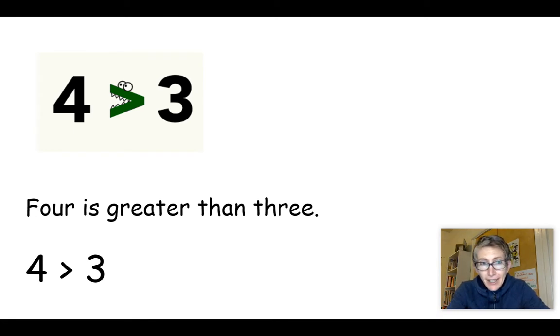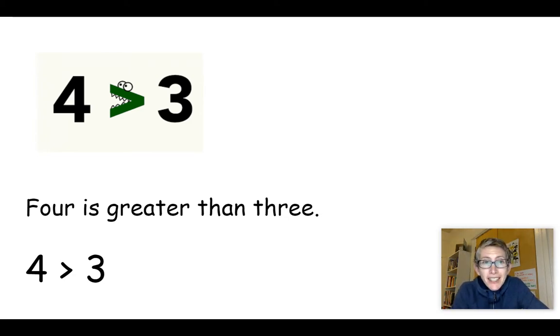This is what it looks like. Look at the number 4 and the number 3. Which one is bigger? That's right, the 4 is bigger. So you see how the alligator is opening his mouth to eat the bigger number, right? His mouth is open facing the 4. I'm not going to use my hands anymore. That's just going to confuse you.